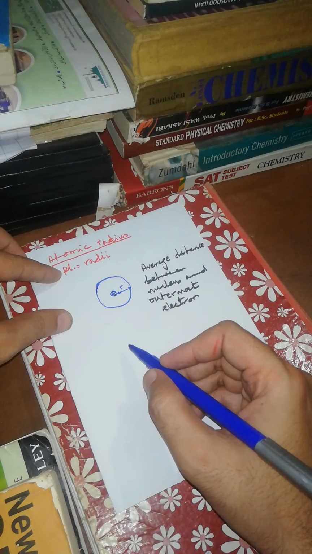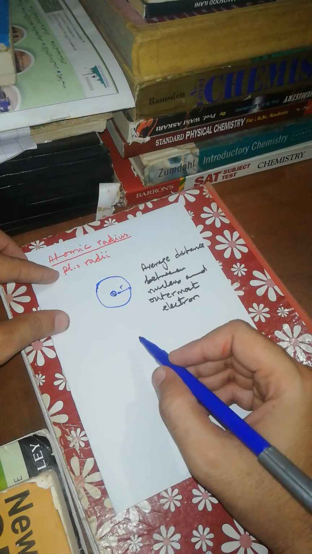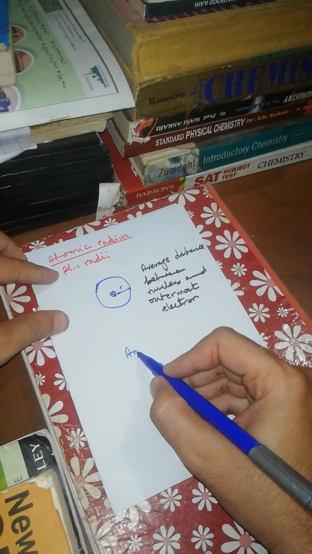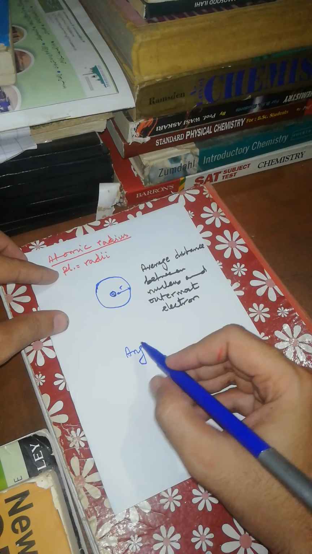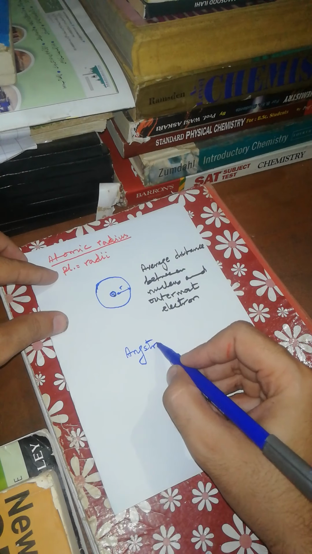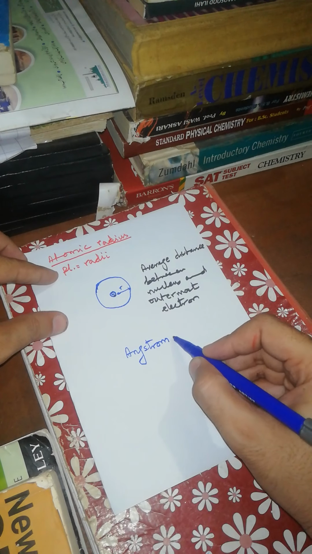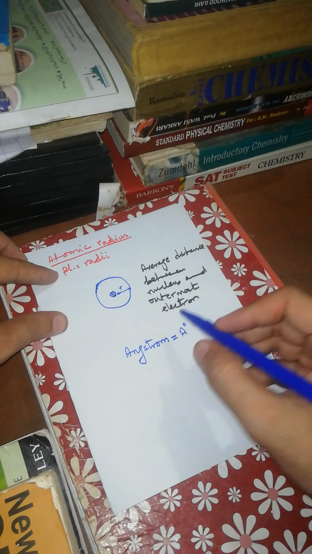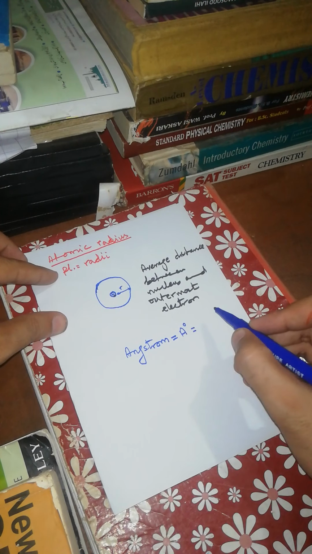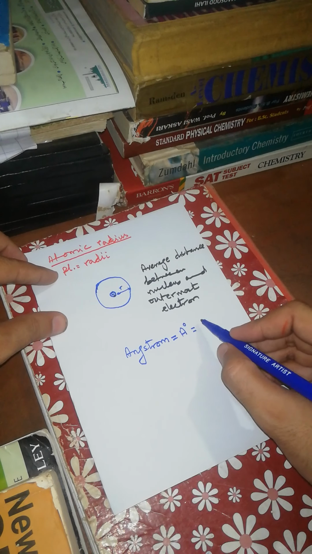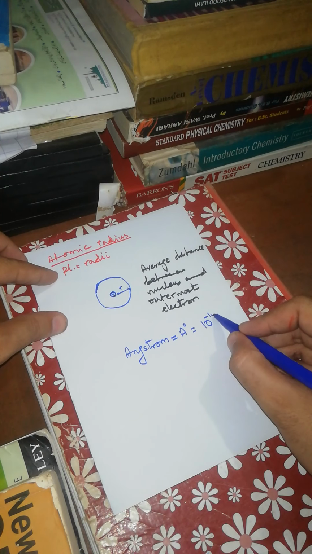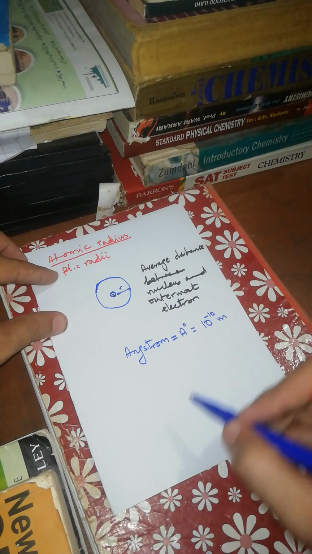Angstrom, which is the most frequently used unit of atomic radius, is related to a certain length. Angstrom, which is expressed as Å, is equal to 10 power minus 10 meter.